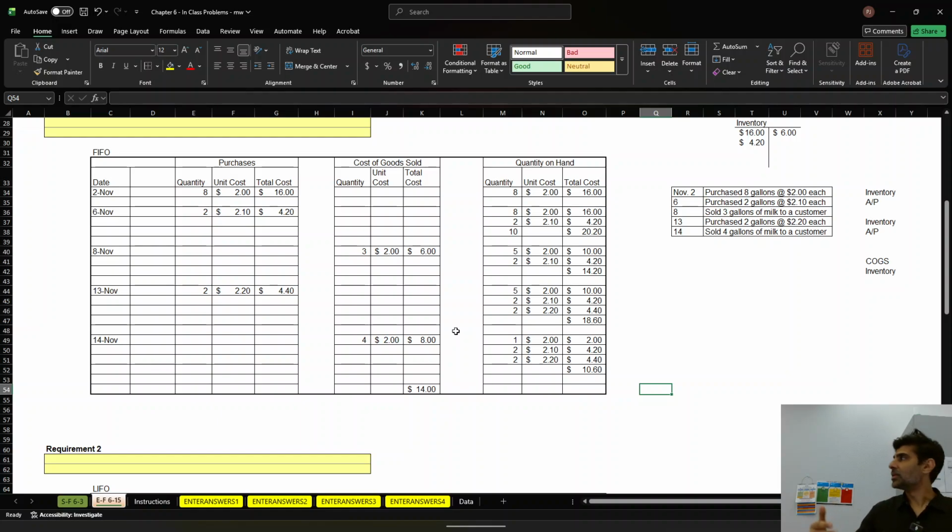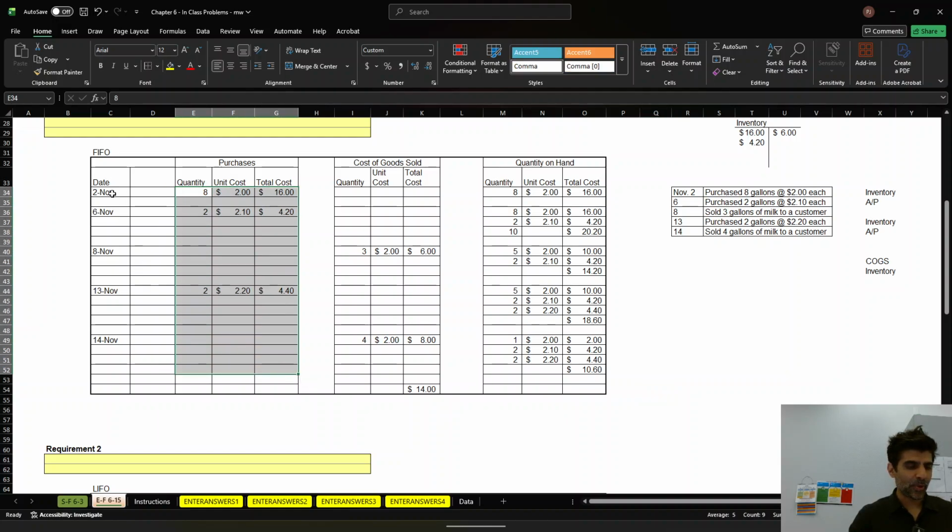So now I'll give you a hint, okay? For LIFO, this is going to be exactly the same. Your purchase transactions, your costing method is not going to affect these numbers in any way. What is going to change is really this, and because of these two changing, this is going to change.